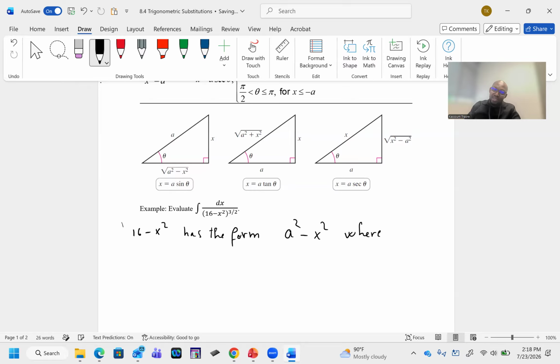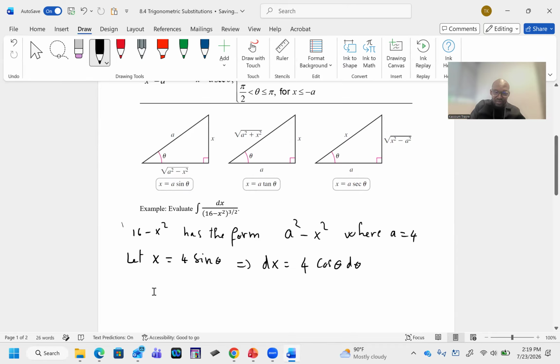Because 4 squared is 16. So which substitution are we going to use? We are going to let x be equal to 4 sine theta. And if x is 4 sine theta, then dx will be what? 4 cosine theta d theta, all right?